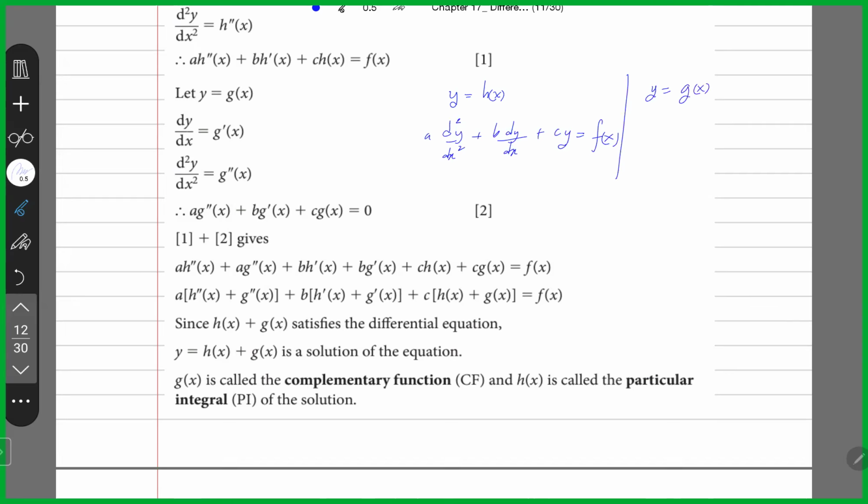The homogeneous part of the differential equation is a d2y by dx squared plus b dy by dx plus cy is equal to 0.